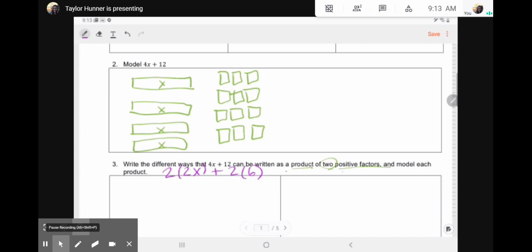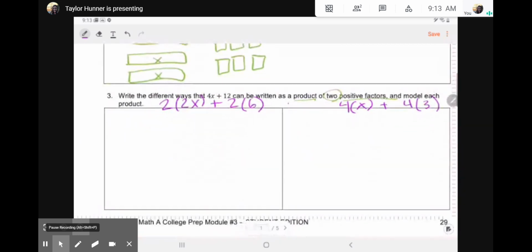So another one could be 4 goes into 4 and 12. So this would mean that I have 4 x's, and then I also have 4 groups of 3. So typically, we're going to actually write it like 2 times 2x plus 6.